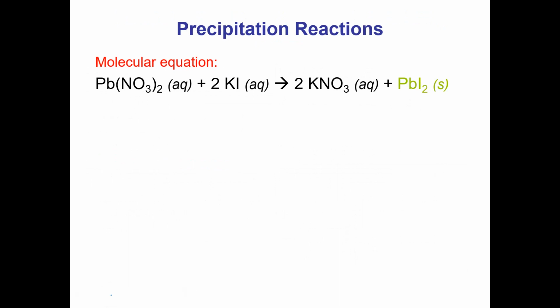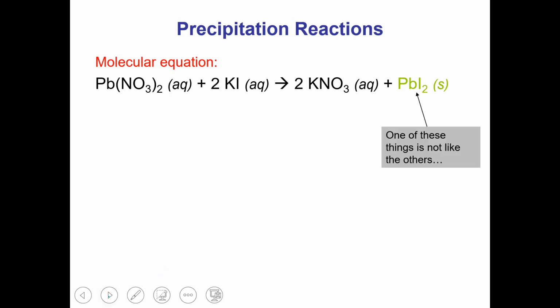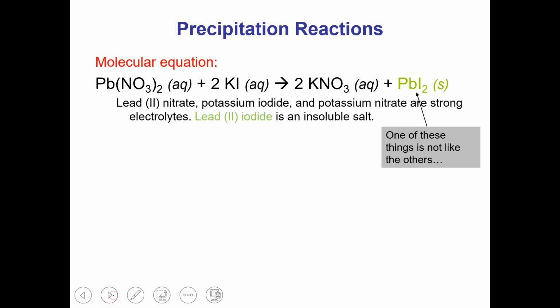Now with precipitation reactions, we can also write ionic and non-ionic equations. So here's an example of a precipitation reaction. Now we've kind of made it obvious which one is the solid because we put it in a different color. So all of the rest of the compounds in this reaction are soluble except for lead iodide.